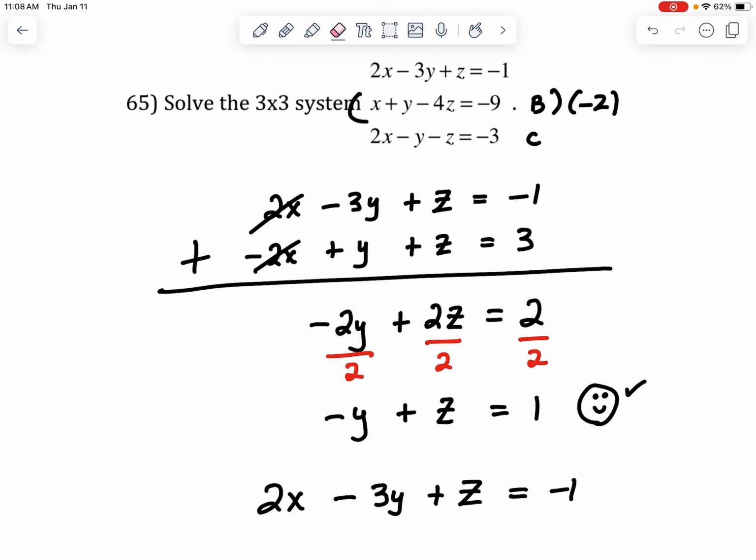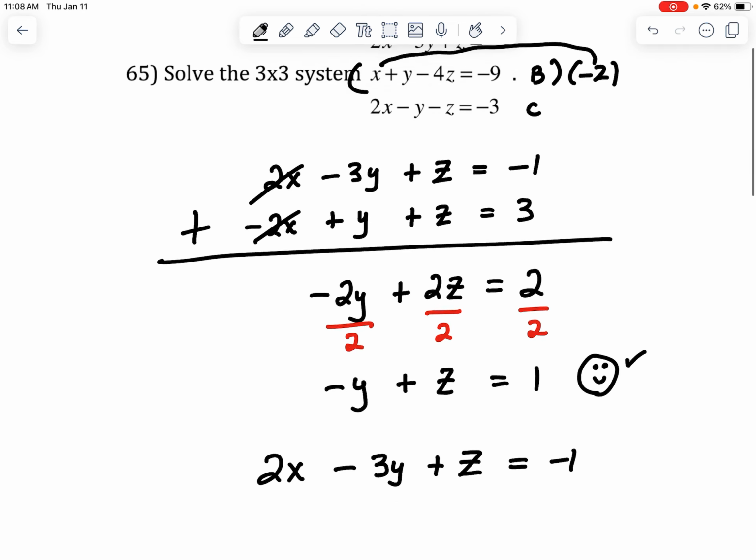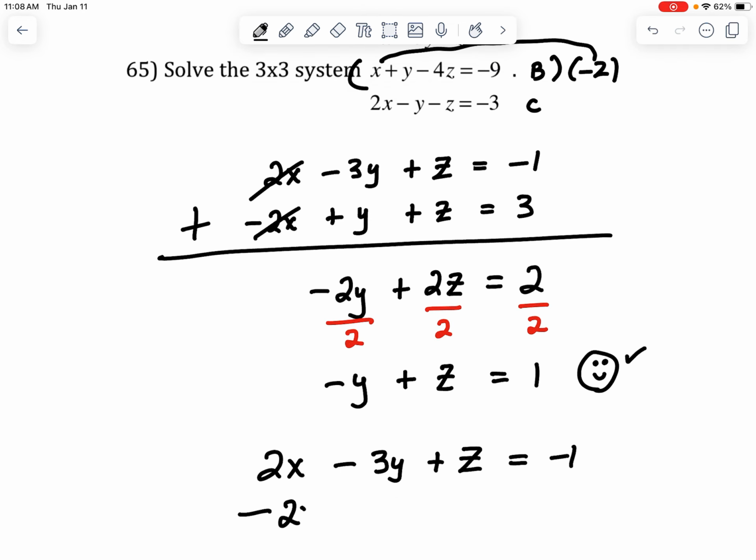Alright, so if you multiply through by a negative 2, this is going to be negative 2x. And then when you multiply the y, that's going to be negative 2y. When you multiply the negative 4z, a negative times negative will be positive 8z.